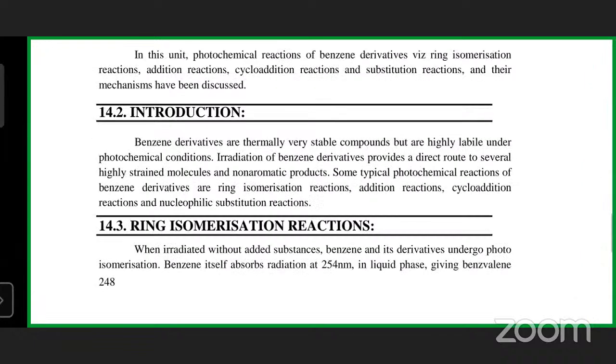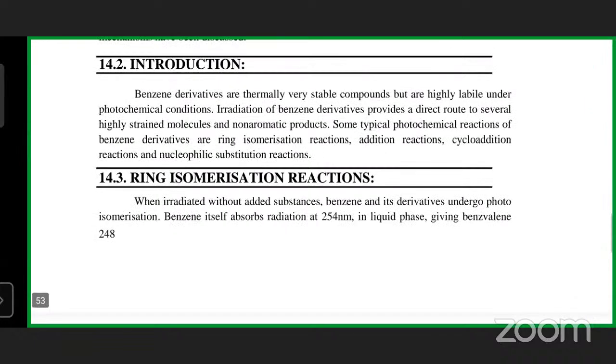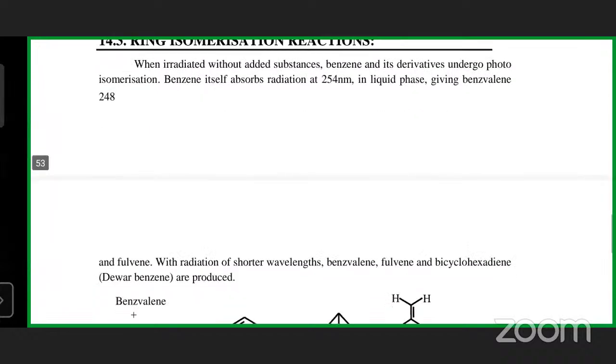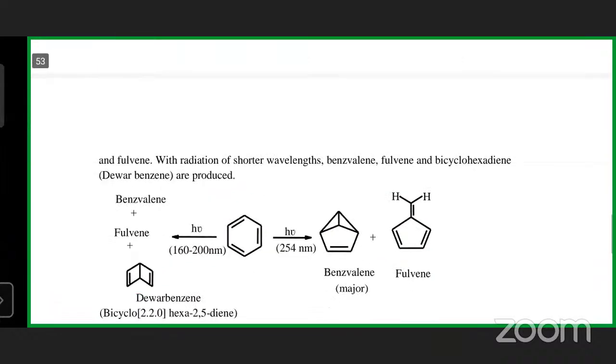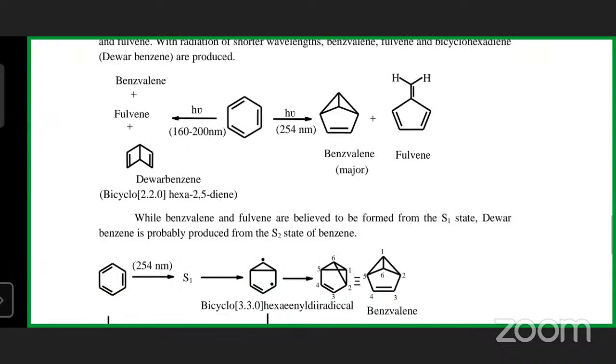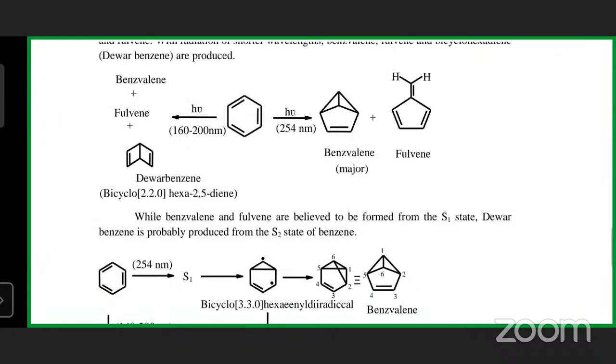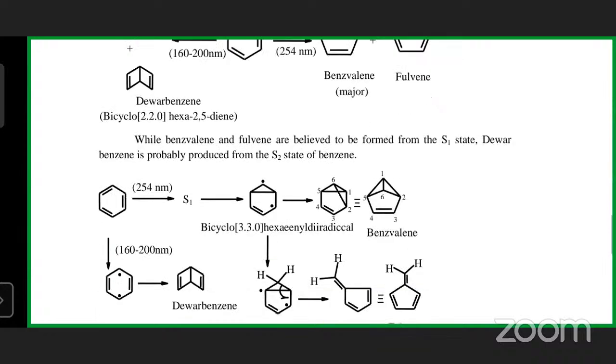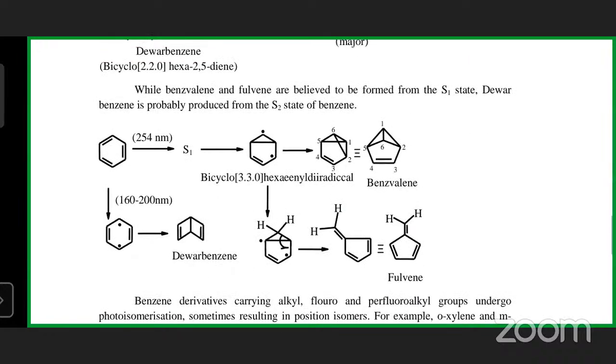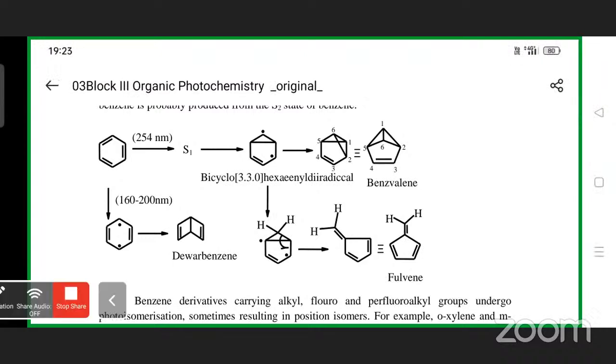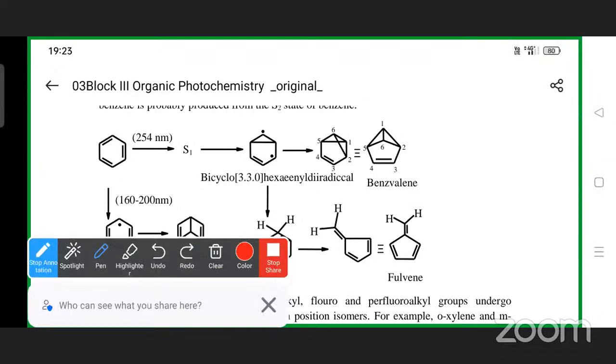It is going to absorb the 254 nanometer radiation here. Then these two bonds are going to undergo homolytic cleavage, and this bond and this bond form this cyclic prismane derivative. After that, these radicals combine and form this particular compound, leading to the formation of valvalin. Here there are various possibilities.